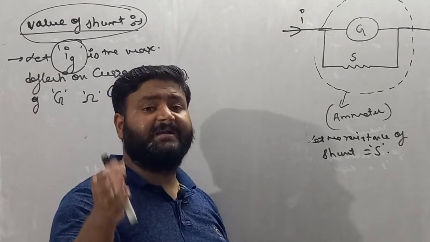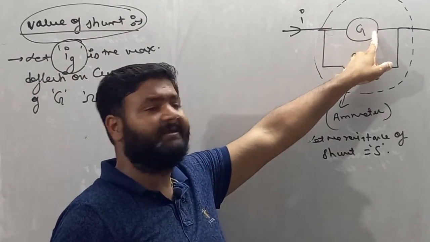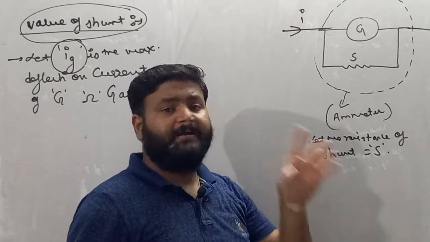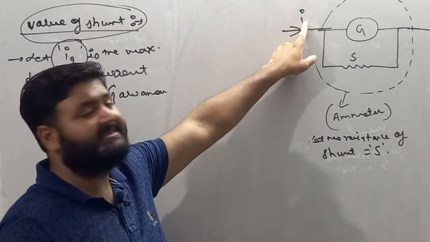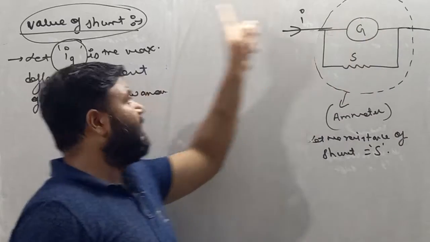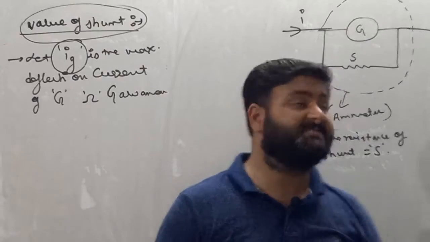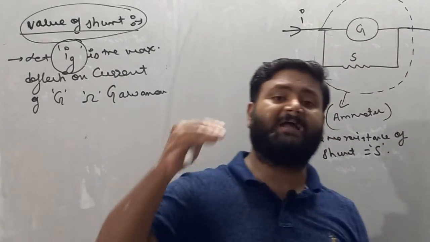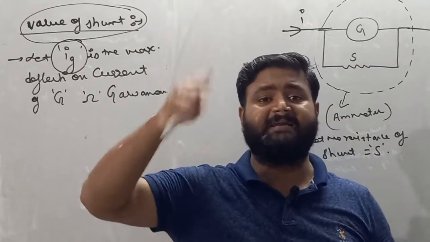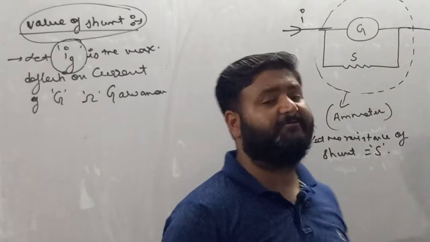If Ig is greater than I, then it's okay. But if Ig is less than I, you are giving a large amount of current, more than the maximum deflection current, then the galvanometer breaks, because this is an electrical device. A short circuit will take place in the galvanometer.